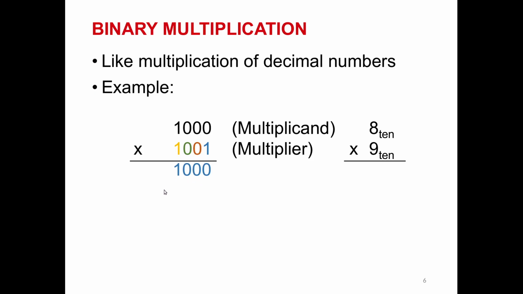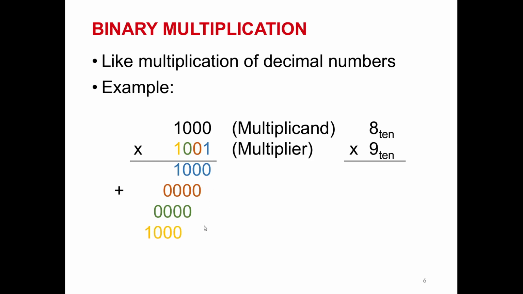write it down here, but shifted one bit further to the left, so it's located here. Then this value 0 will be multiplied with this 1000 and written down here, and finally this value 1 will be multiplied with this multiplicand and written down here one bit further to the left, and so it looks like this.